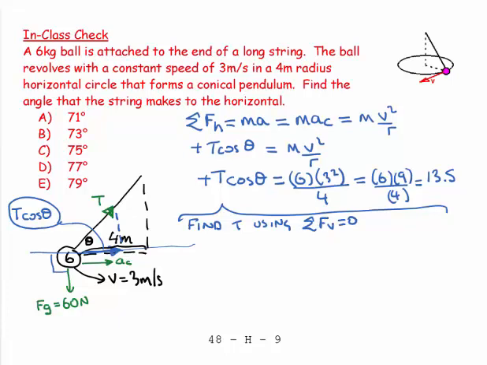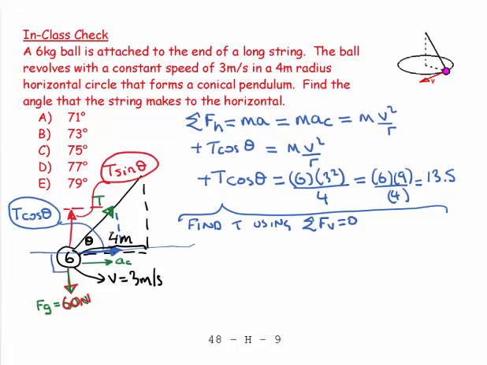So let's change colors so I can see this work a bit more clearly. And I'm going to say, well, I have this weight in this vertical plane. So there's my 60 newtons. And of course I have a component of the tension in this vertical plane, and this is going to be T sine theta.